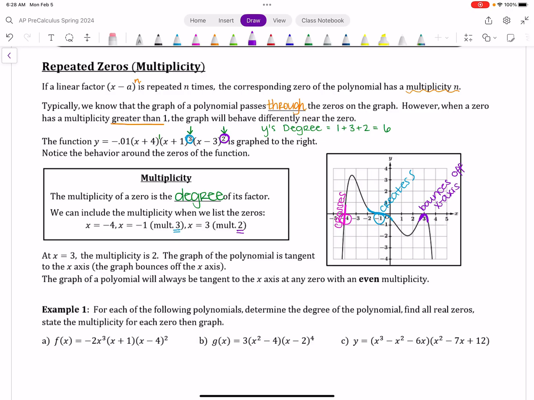And you can see below that the graph of the polynomial is tangent to the x-axis at x equals 3. And that happens when we have any even multiplicity. So when your multiplicity is even, you just touch the x-axis.